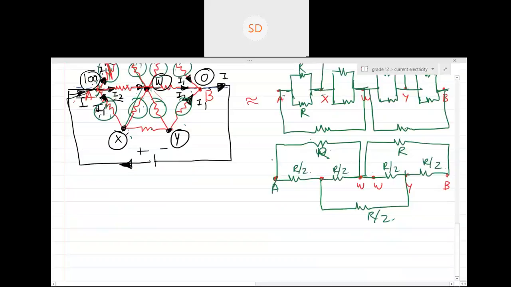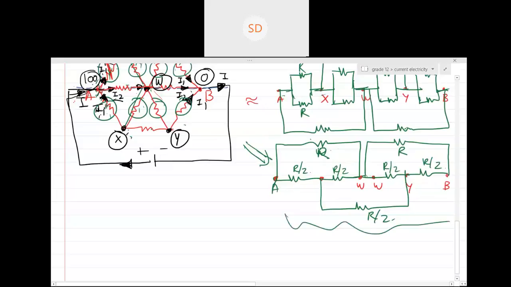So can you see, branch manipulation can be done even if it's non-symmetric. Although you won't be able to tell which is in series and which is in parallel. Here you won't be able to do it, so you won't be able to draw. Anyways, you won't be able to solve it using this, but can you see the redrawing part?